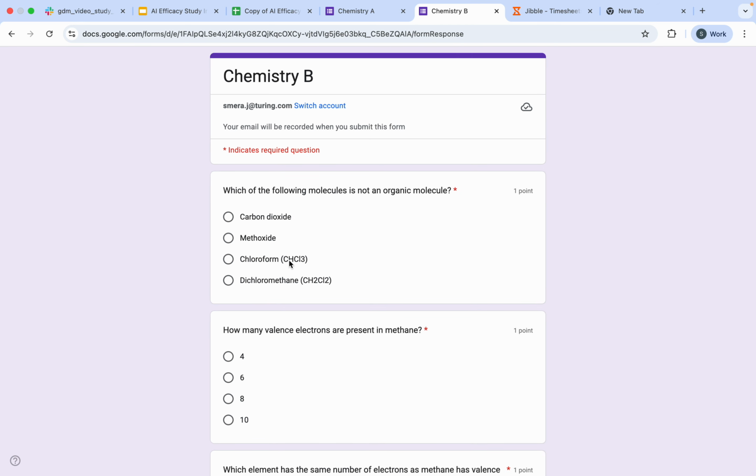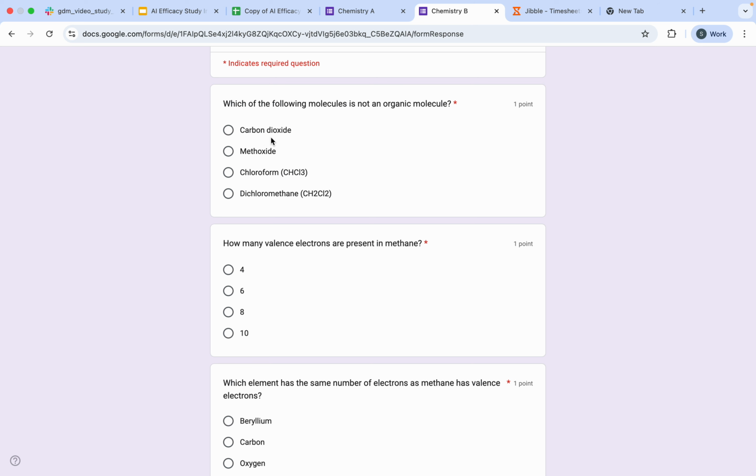Next is, which of the following molecules is not an organic molecule? Carbon dioxide, methoxide, chloroform, dichloromethane.